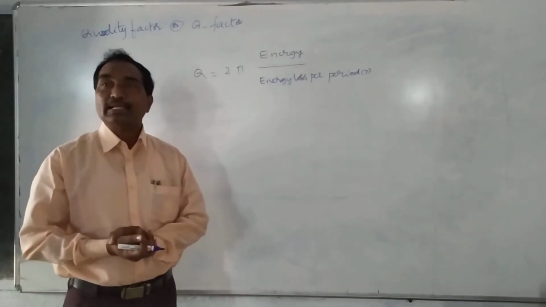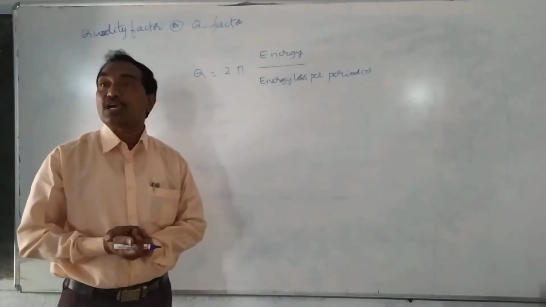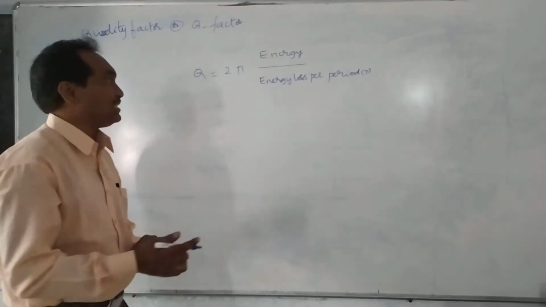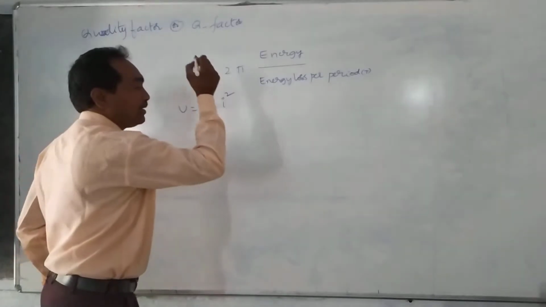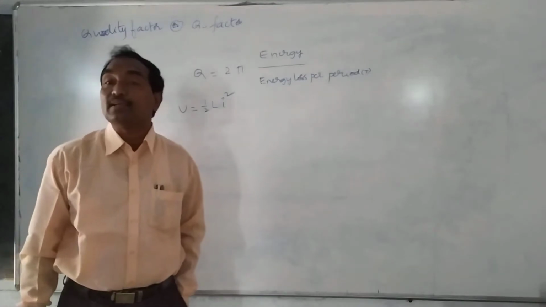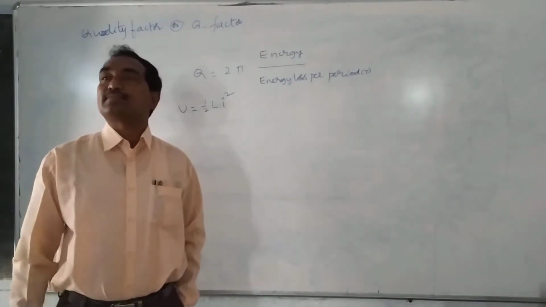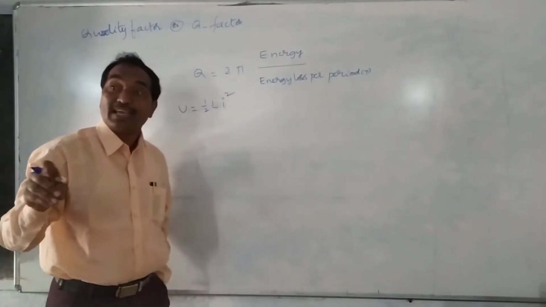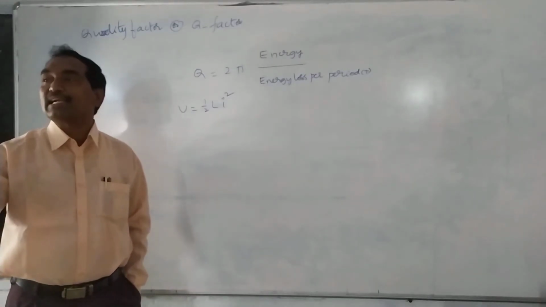We know in an inductance, as we calculated in the electromagnetic induction chapter, the amount of energy stored in the magnetic field of a solenoid is energy U equal to half L i square. This is the energy stored in a magnetic field in an inductance, which we discussed in the previous class. In the case of a capacitor, there is also energy stored. We know in between the capacitor plates there is an electric field.